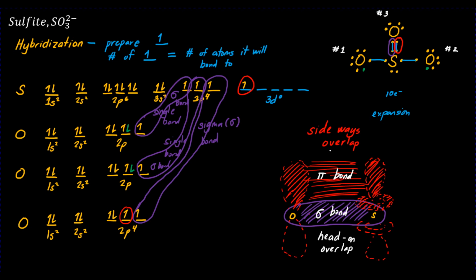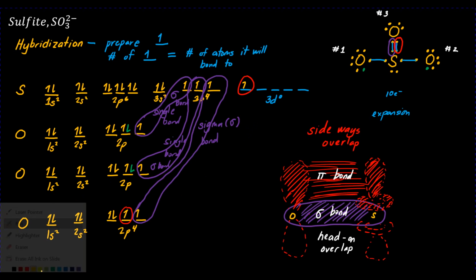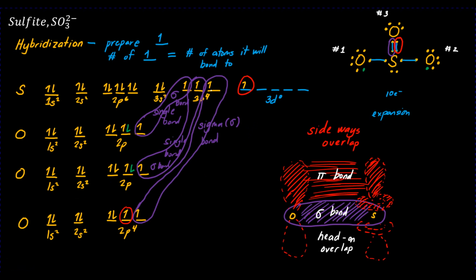Whenever you deal with double bonds, remember the first bond is a sigma bond and the second bond is a pi bond. If you're dealing with a triple bond, then that is one sigma and two pi bonds, and I'm not going to draw it here. That's what happens.